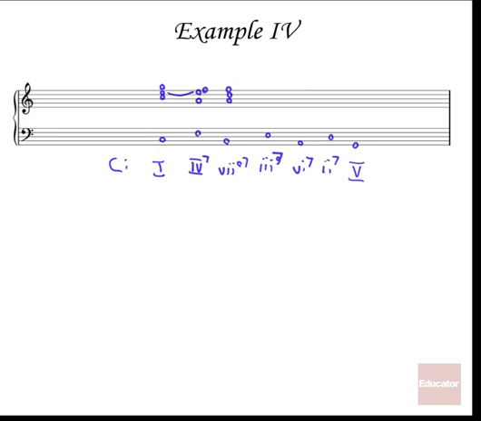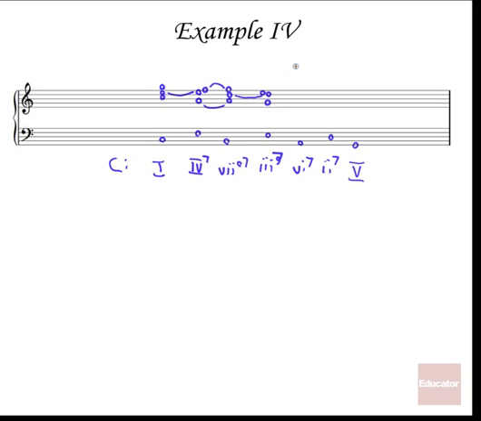And then in the next chord, these two voices stay the same while the 7th resolves down. And we'll see this same pattern again as we move to the E minor 7. So here's the D, which is the 7th, so it's going to stay on D, while this F moves down to E, and this A moves down to G.